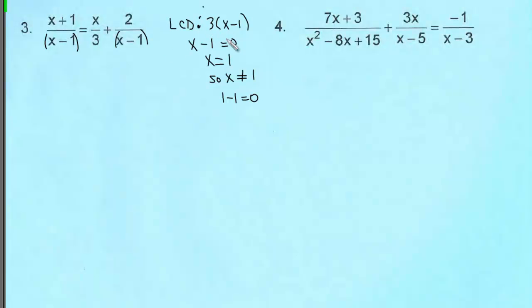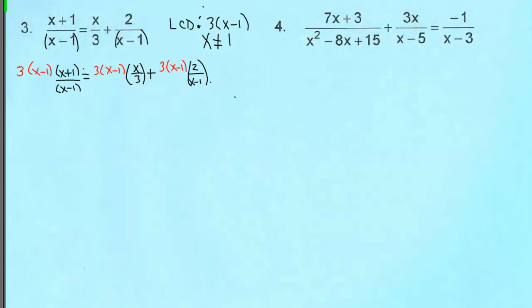Now let's multiply the LCD by each term in the parentheses. In the first term, x minus 1's will cancel, leaving 3 times x plus 1. In the second term, the 3's will cancel, leaving x times x minus 1. And in the third term, the x minus 1's will cancel, leaving 6.